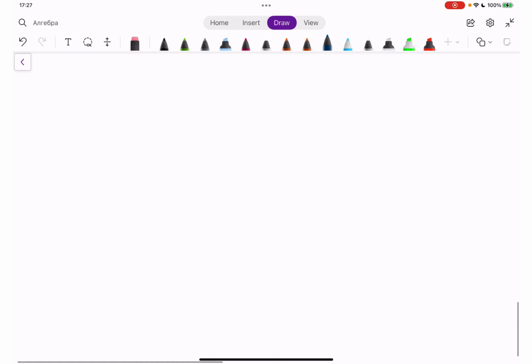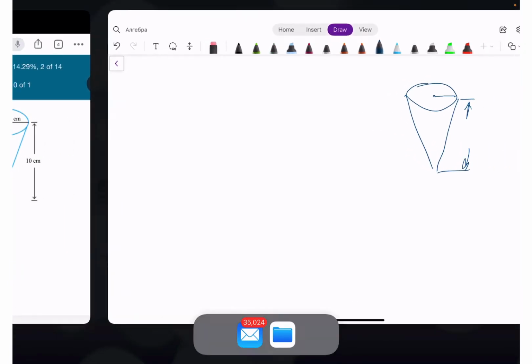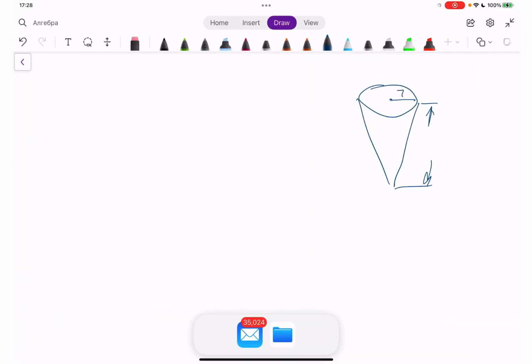The volume for the cone, this is the radius, and here we have the height. Let me see how much we have. 7 and 10. This is 7, this is 10.